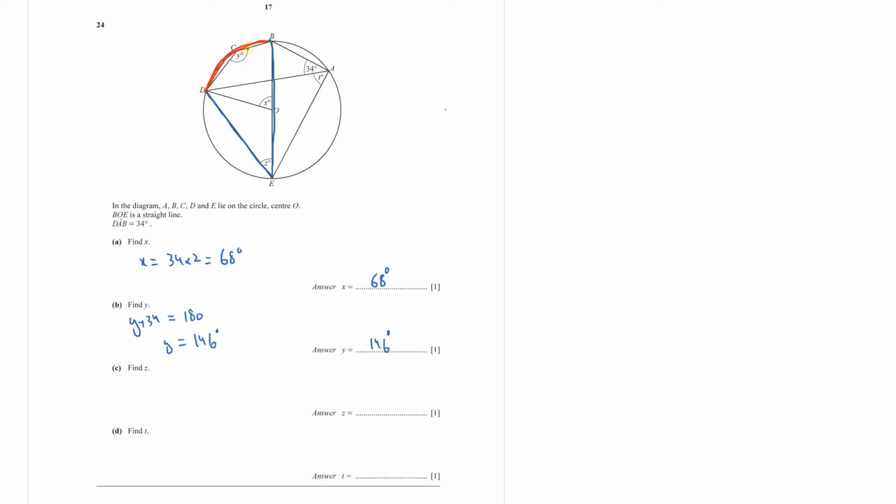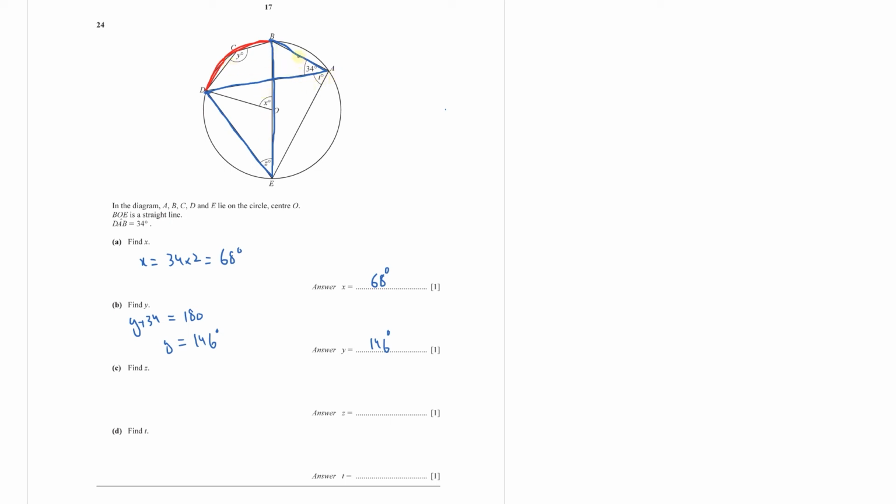So this arc DCB subtends this angle E at the circumference. But if you look again, this arc also subtends this angle DAB. So both these angles, DAB and DEB, are subtended by the same arc and both are at the circumference.